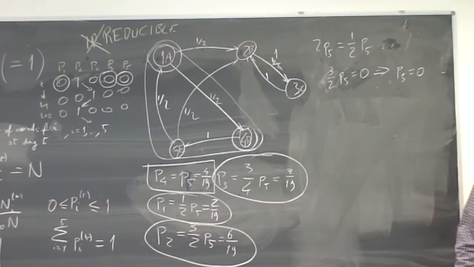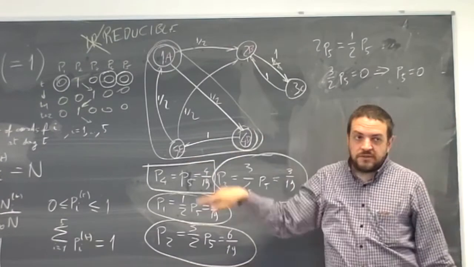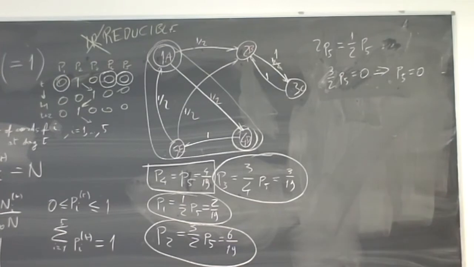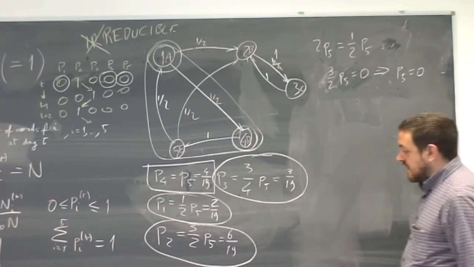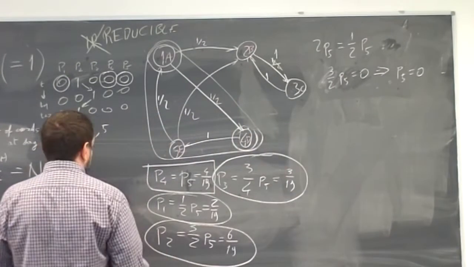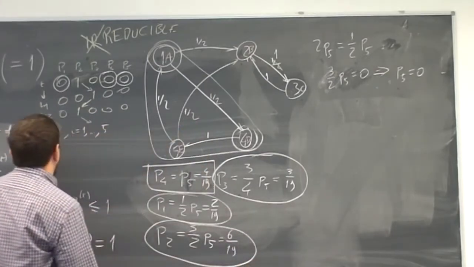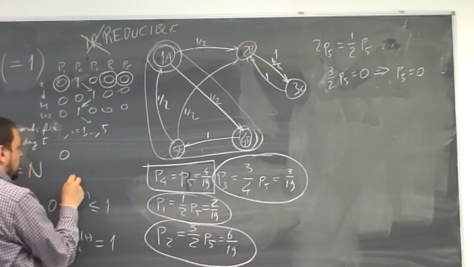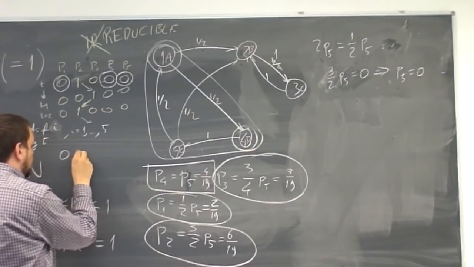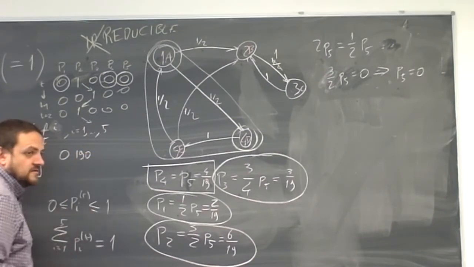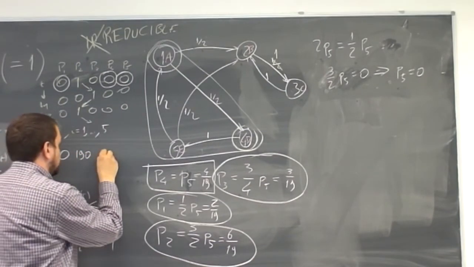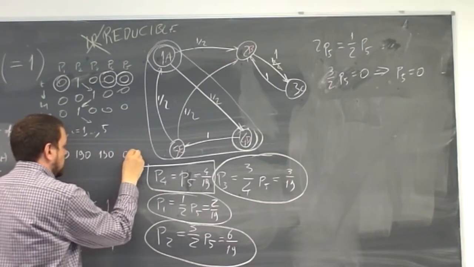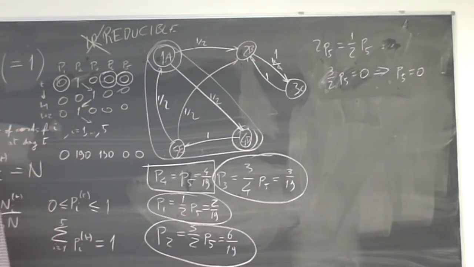So in order to be stable, we need to have those three probabilities equal to 0. So in the case of 380 cards, the only stable solution would be having 0 cards for player A, 190 cards for player B, the same for player C, and none for player D and E.